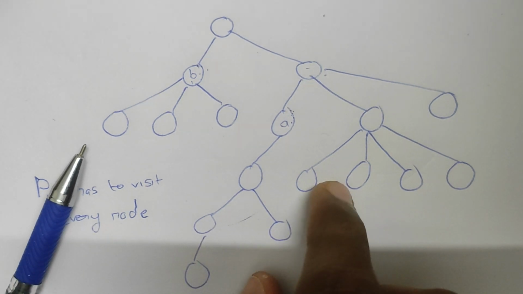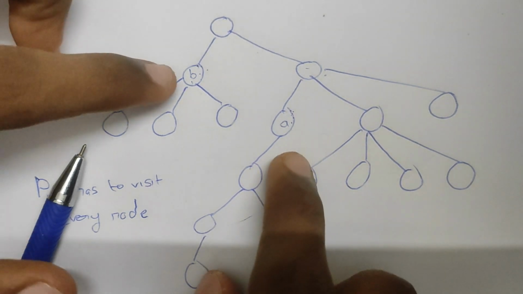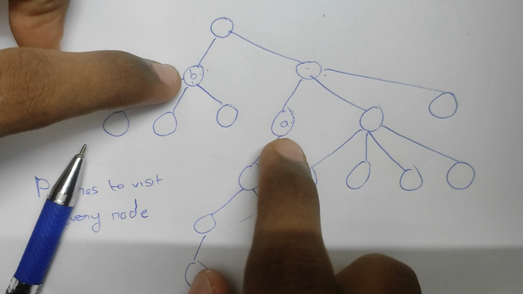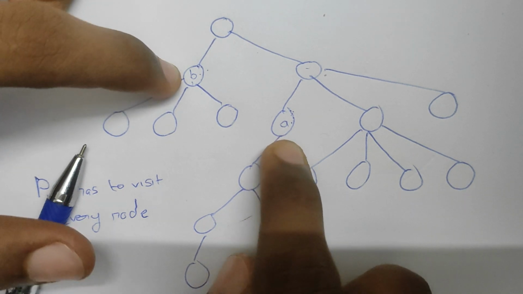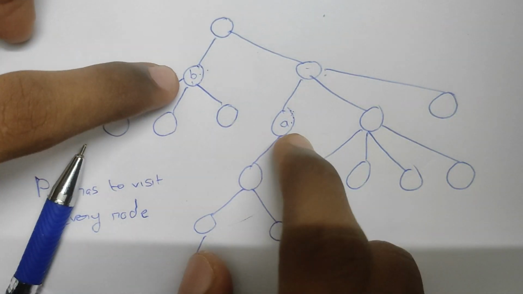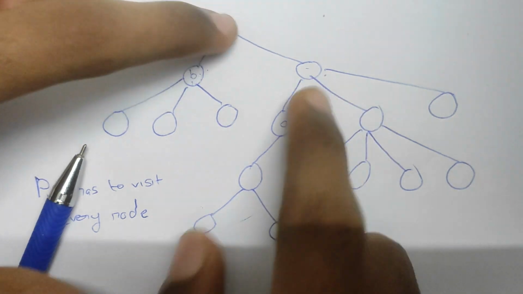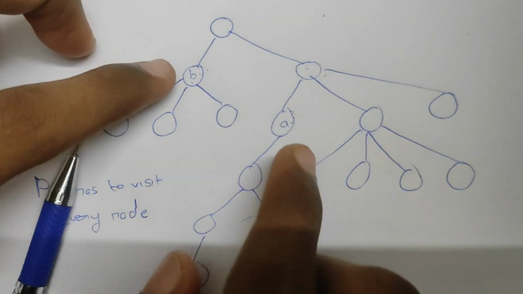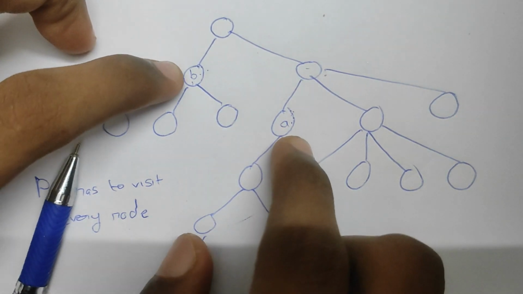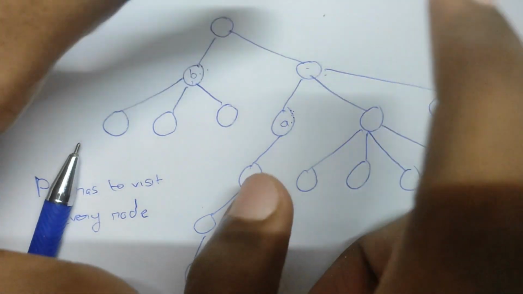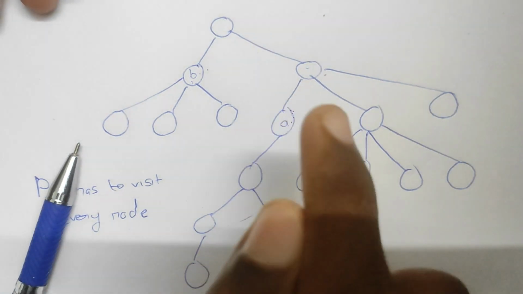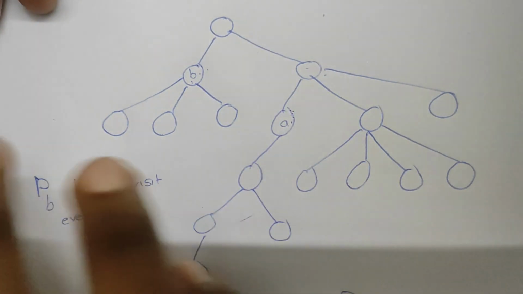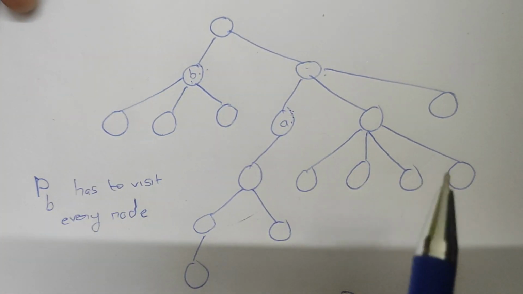So the first observation is that we have to bring PB and PA together, and we have to find the minimum distance required to do so. After we bring PB and PA together using the minimum number of operations, we don't need to consider PA at all.